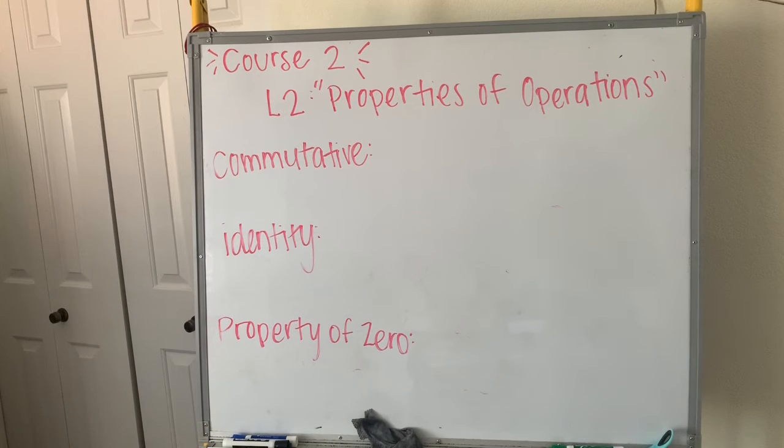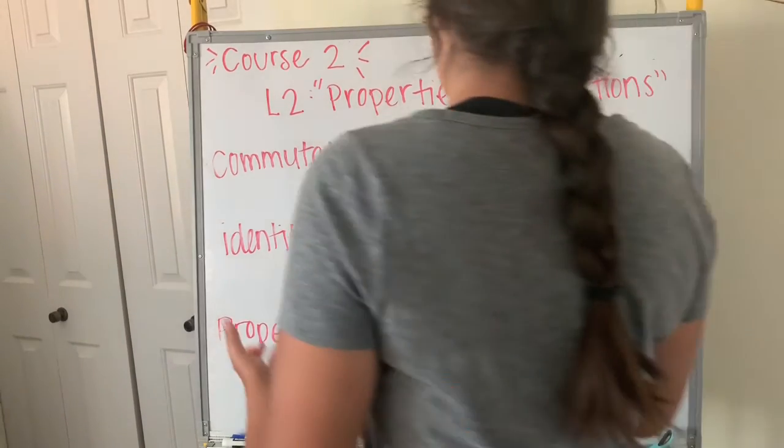Okay, so we just discussed properties of addition, but now let's discuss properties of multiplication. Commutative. Let's think back to what commutative meant in the last definition. So commutative in the last definition meant the order of the numbers didn't matter. The sum would still be the same. Well, let's see if that would be true for multiplication.